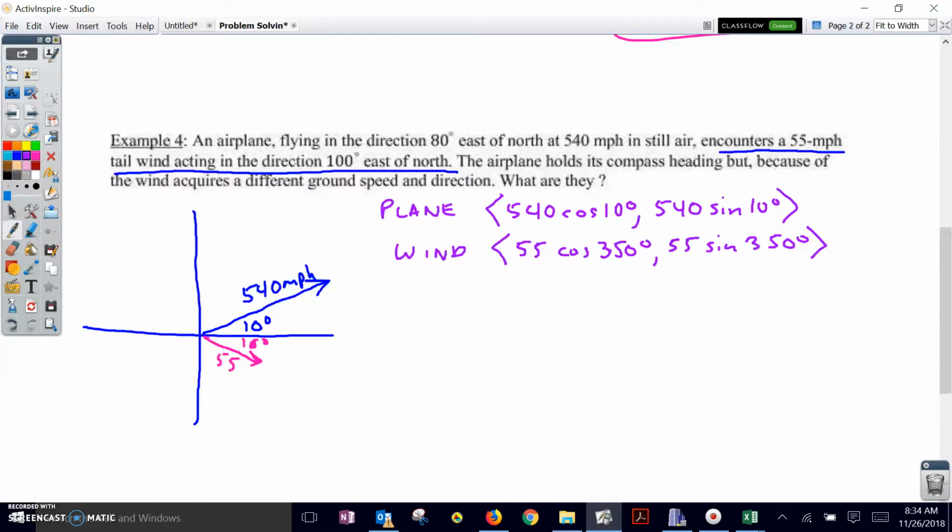And now, in order to find the new ground speed and direction, we're going to first find the magnitude of this vector, that is the sum of the two original vectors. So let's first find that vector.